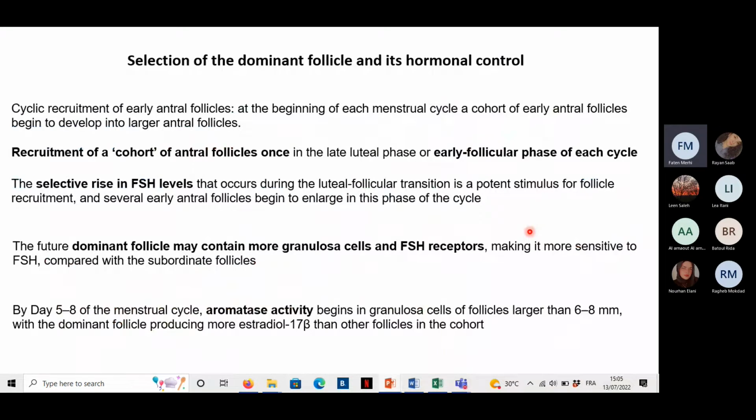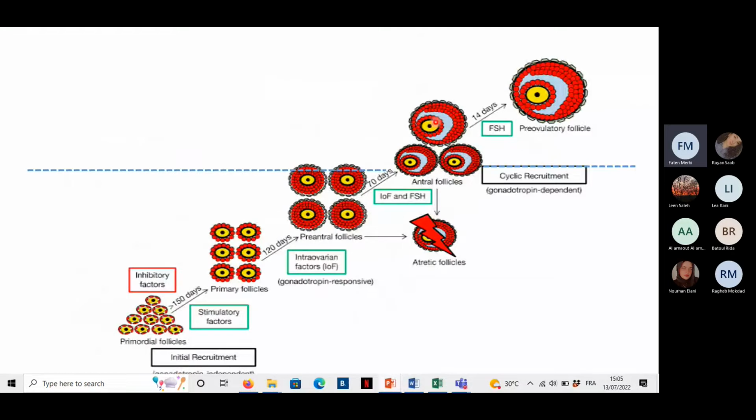Here also we have the same ideas. We have a cyclic recruitment of early antral follicles at the beginning of each menstrual cycle, because the development from early antral to late antral follicles occurs at the beginning of each menstrual cycle and is cyclic, so it depends on the menstrual cycle.